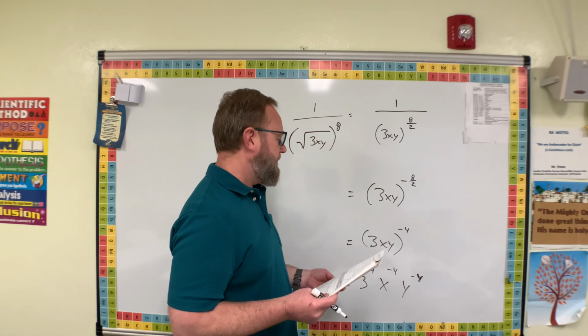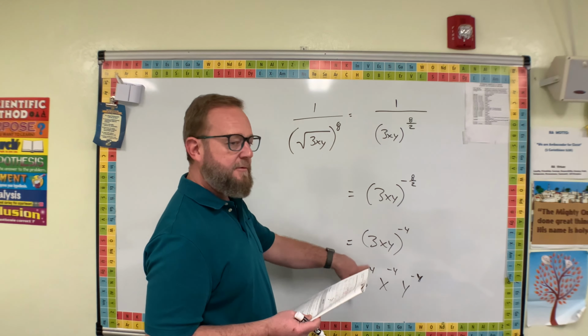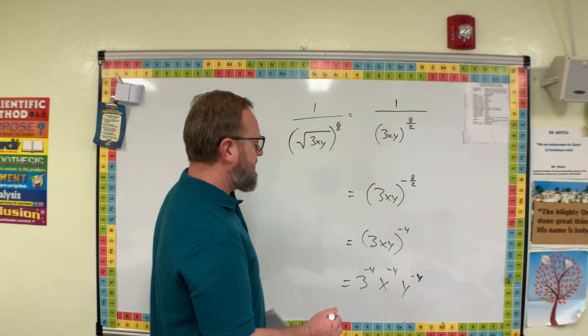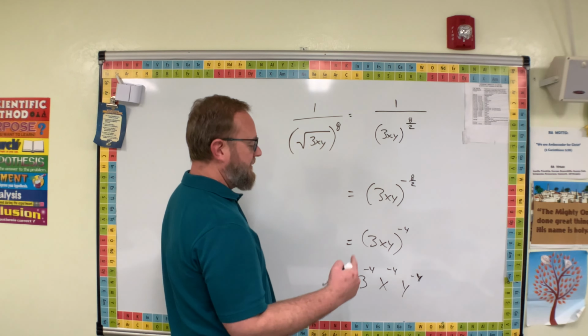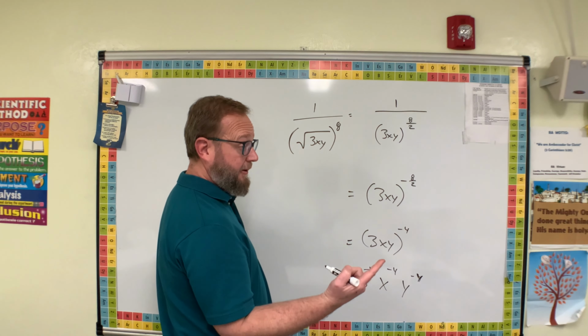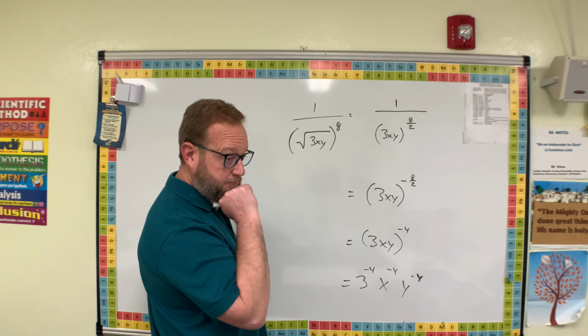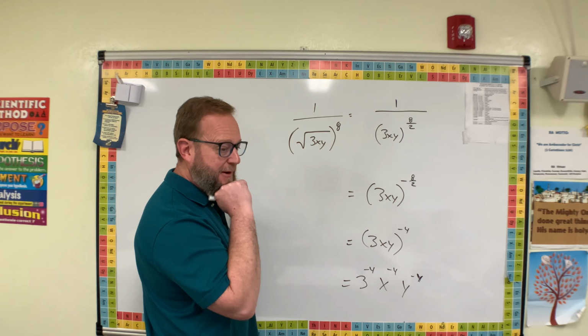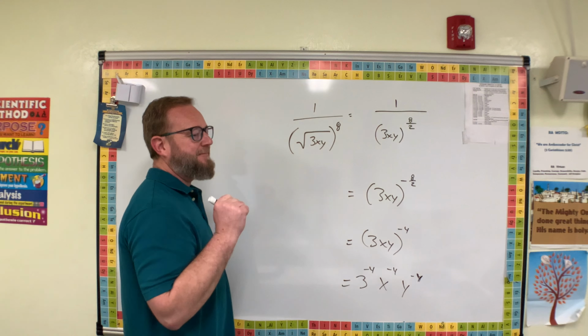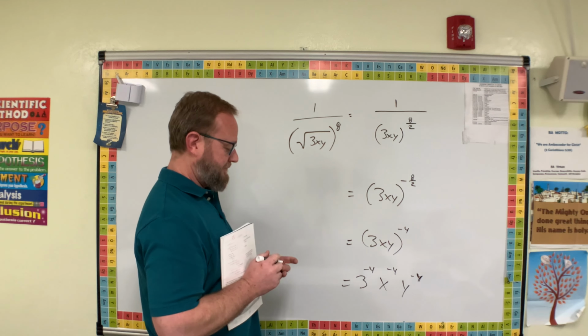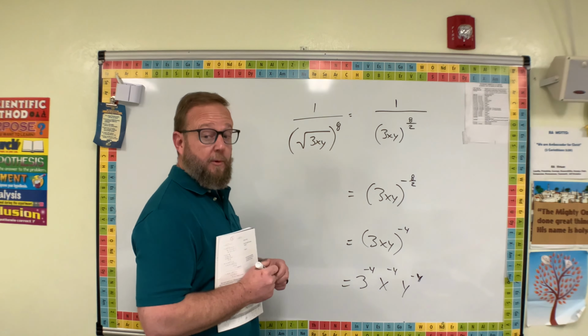Maybe you could simplify it ahead. What is 3 to the negative 4th power? It would be 1 over 81.